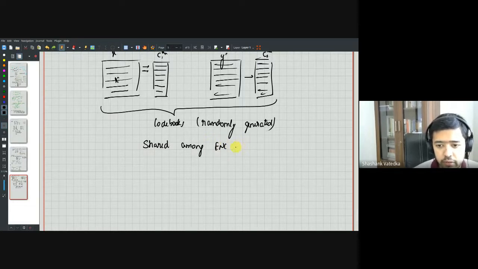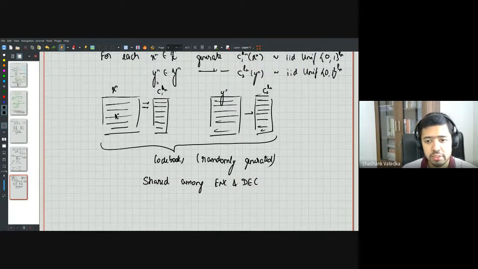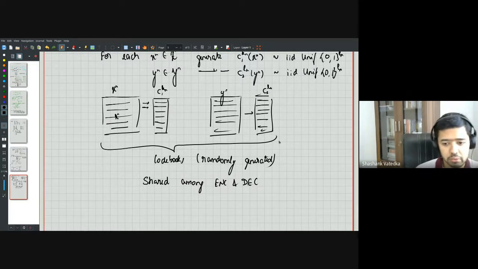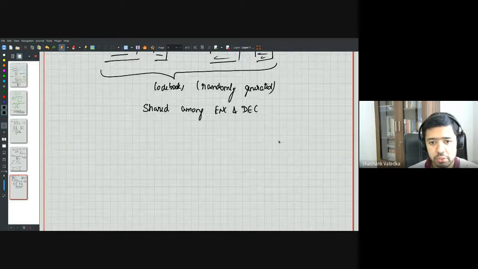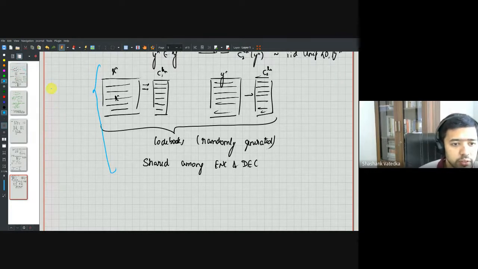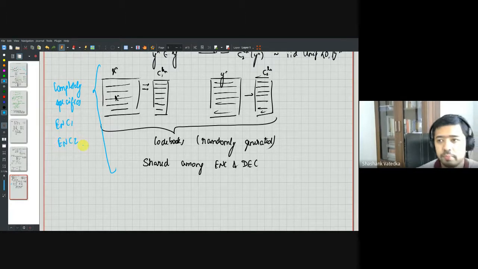Both the encoder and decoder are given these tables, and the encoders use these tables to encode. So once you draw a code book, this completely specifies the encoders, encoder 1 and encoder 2.